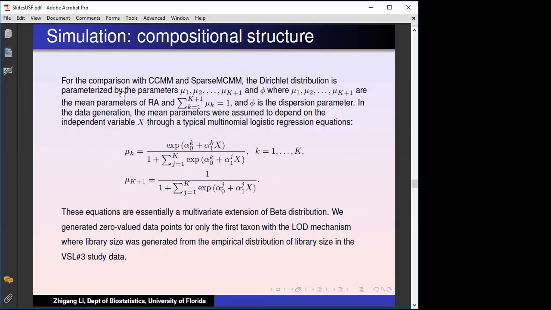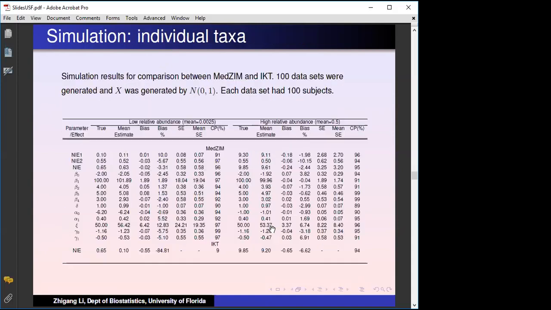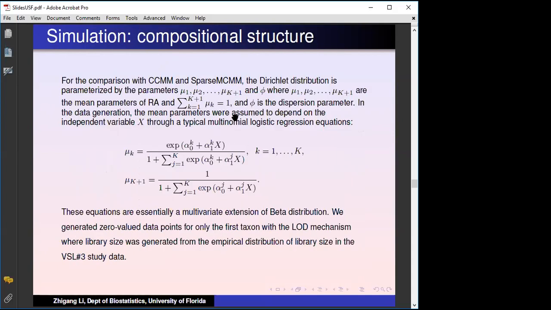We also compared our approach with CCMM and sparse MCMM. Both of these approaches deal with the compositional structure of the microbiome data. Here, when we generate data, different from this setup, we generated all the microbiome using a multivariate distribution called the Dirichlet distribution.